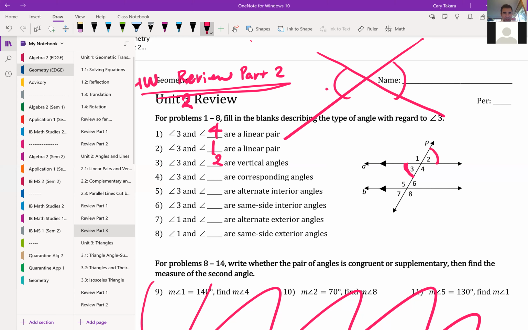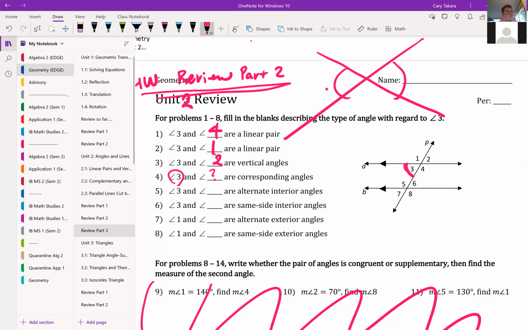Okay, are you guys with me? Please try to stay with me, okay? Next question, number 4. Angle 3 and what are called corresponding angles? Angle 3 and which angle are corresponding angles? Do you guys remember which one is corresponding angles? Very good.